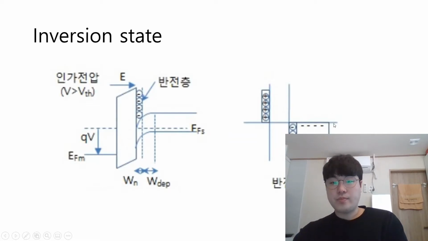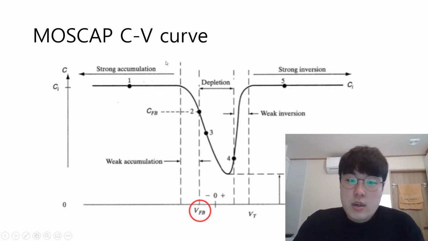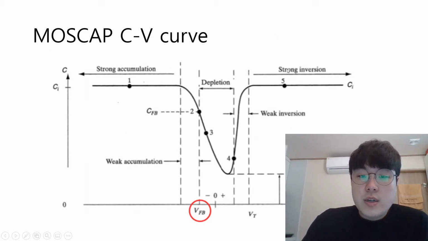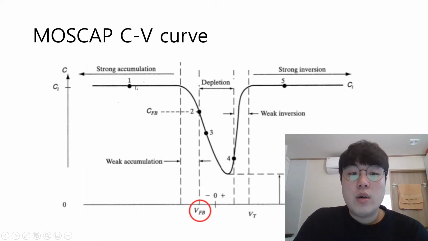And let's talk about the Moscap CV curve. And here is the CV curve, and I will explain it in three major parts. The first is strong accumulation, which I mentioned previously, when we apply a negative voltage at the gate.